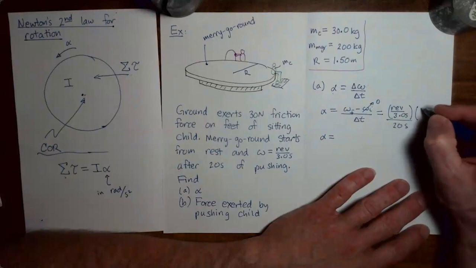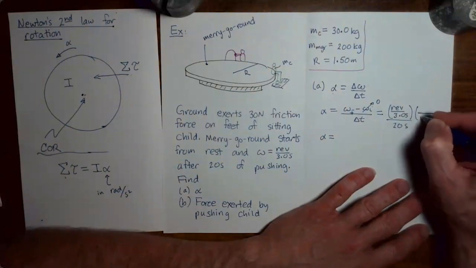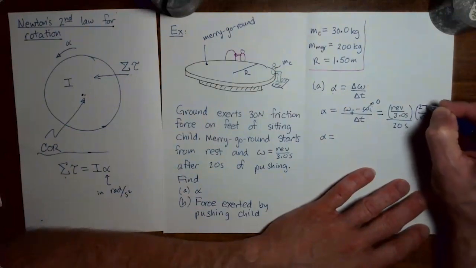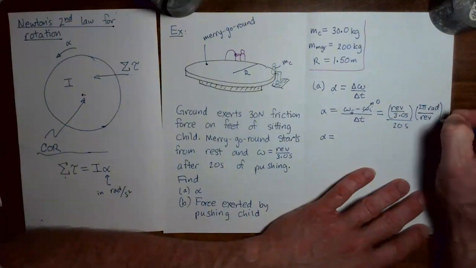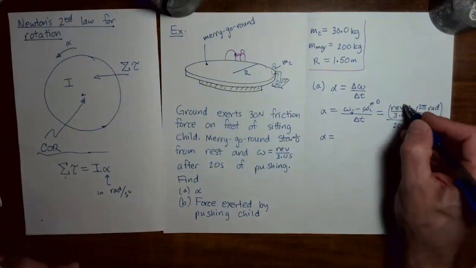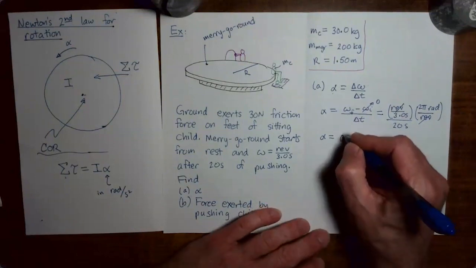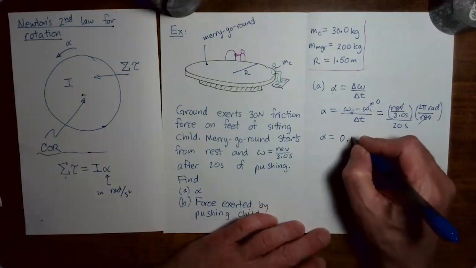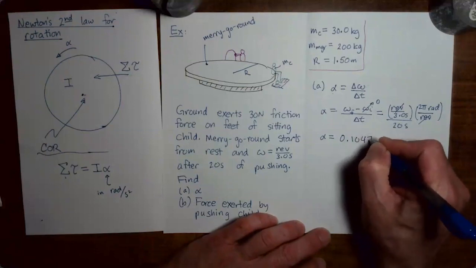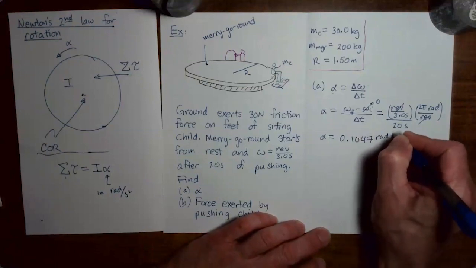So let's put in a conversion factor. A revolution is equal to 2 pi radians. The revolutions cancel, and we get angular acceleration for this process is 0.1047 radians per second squared.